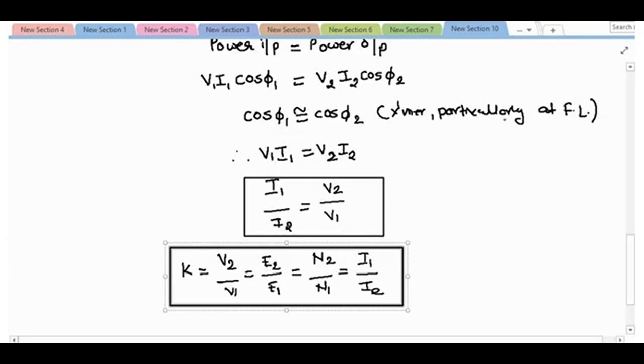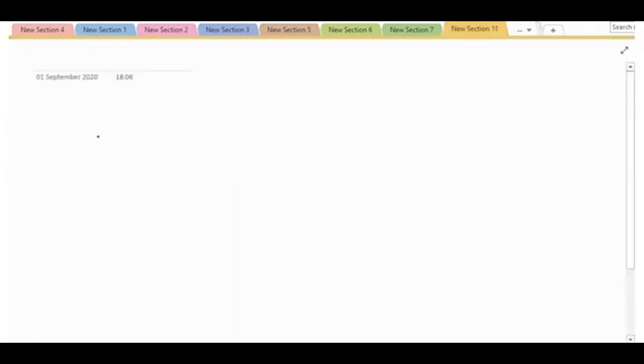Okay. The next point in this lecture is the rating of the transformer. When a transformer transfers electrical power from one circuit to another, even though small, some energy is always lost in the transformer itself.